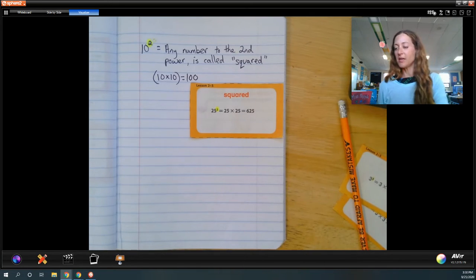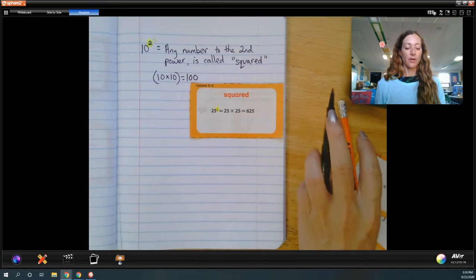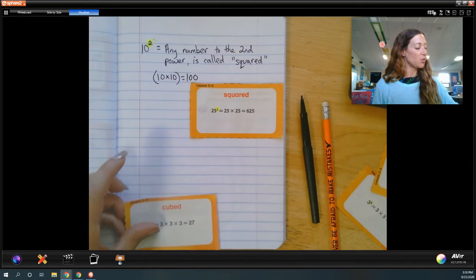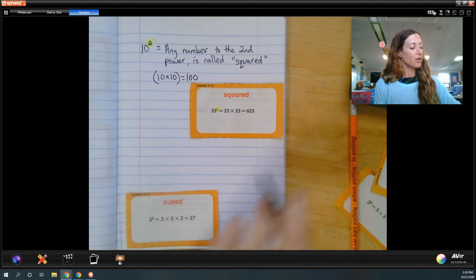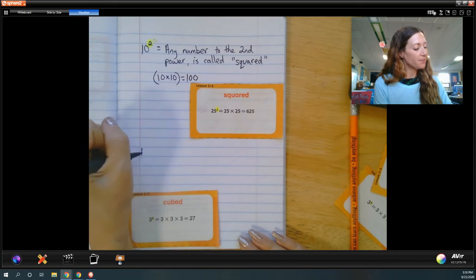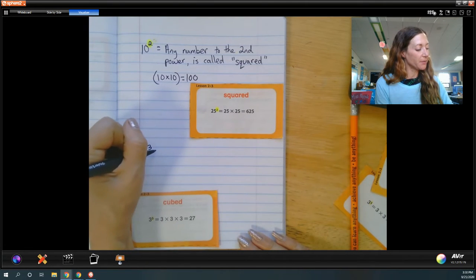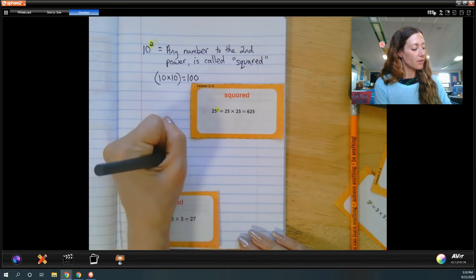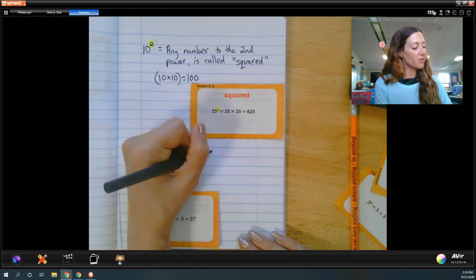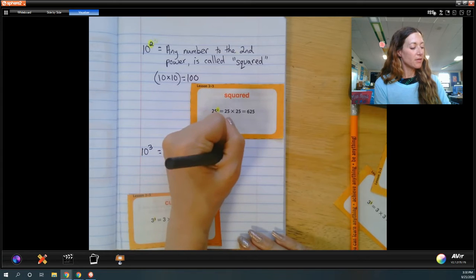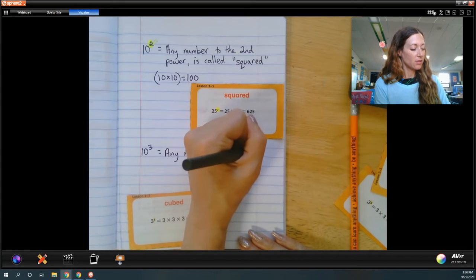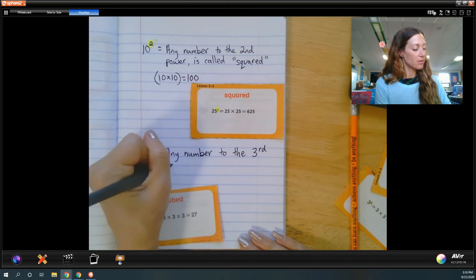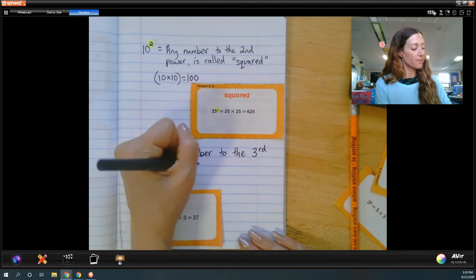Okay, the next example we are going to glue is cubed. If you had 10 to the third power, any number to the third power is also called cubed.